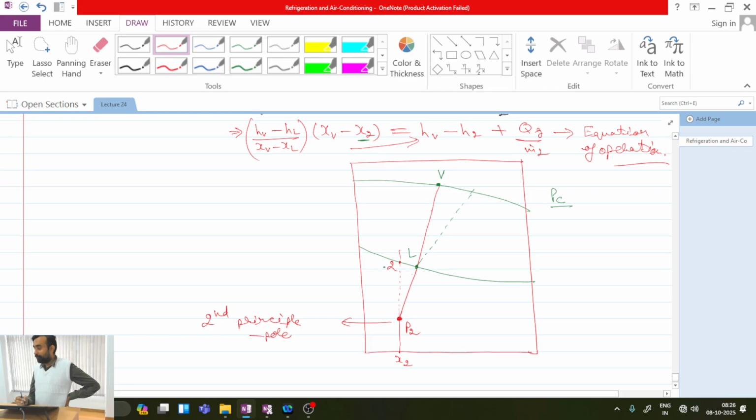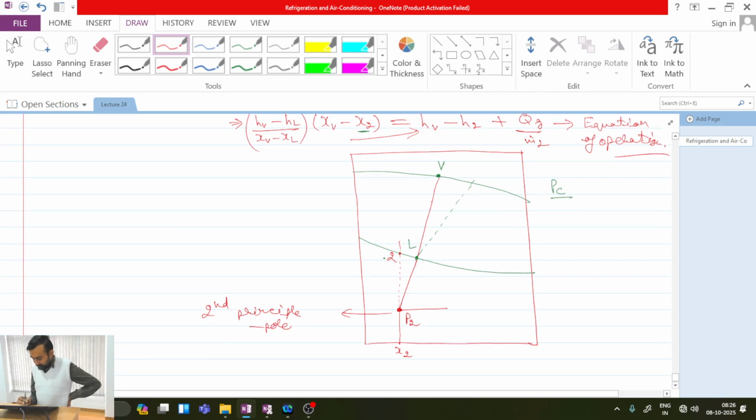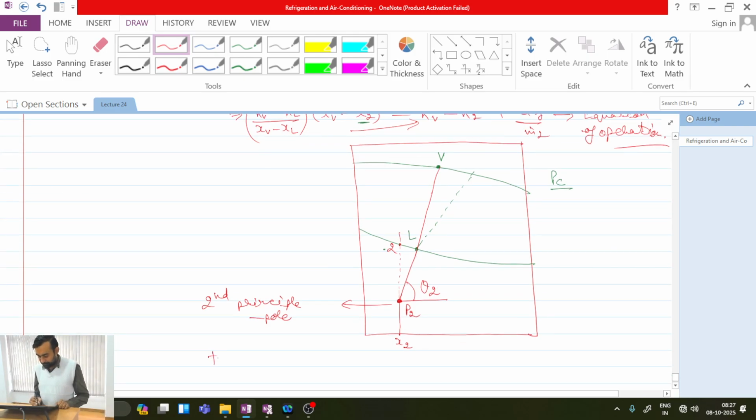Now if I have to draw an operating line, let me first go over here. Let's consider the angle made by this line with the horizontal is theta 2. Then what is the slope of this line? Tan theta 2, and mathematically slope can be written as HV minus HL divided by XV minus XL.